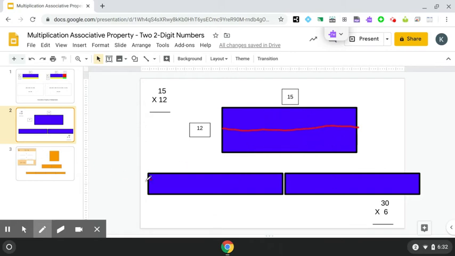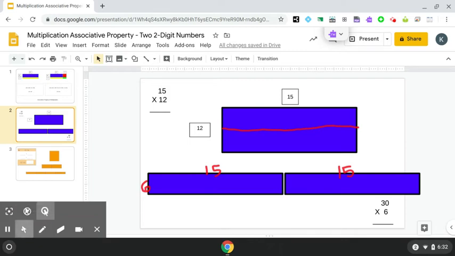We now have a rectangle that is 6 high, and we have 15 here and 15 here, and together 15 plus 15 makes 30. So our new arrangement is 6 times 30, and you see that right down here.